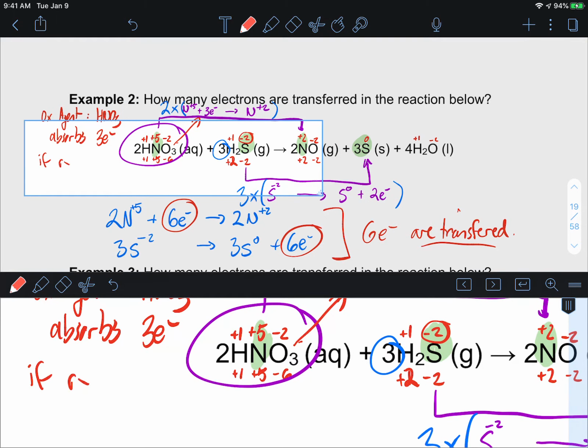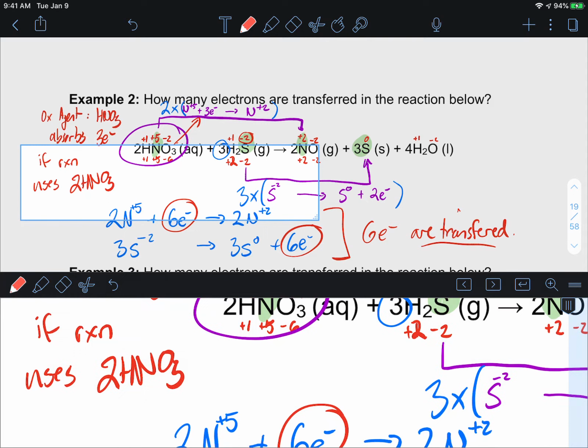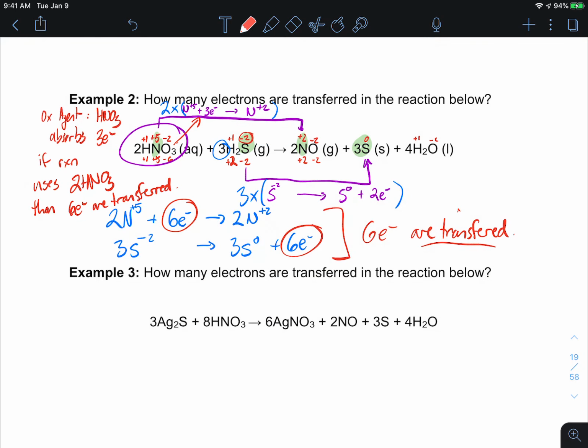So if the reaction uses 2 HNO3, then 6 electrons are transferred. So let's try that out in the next example.